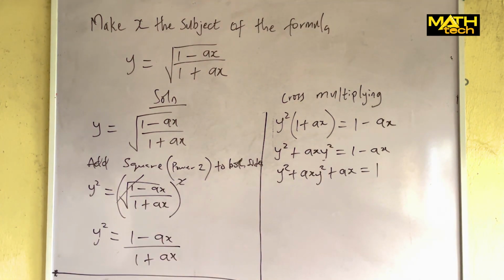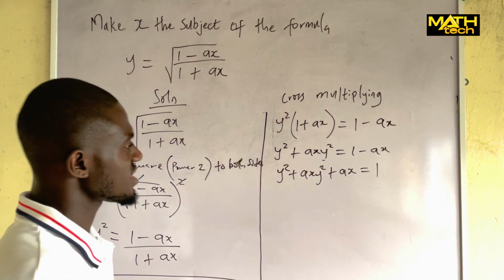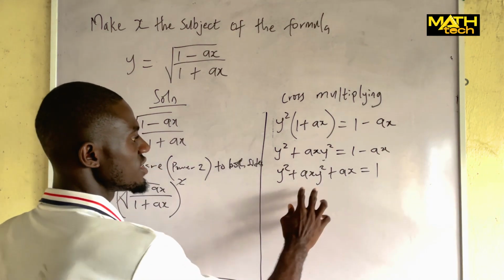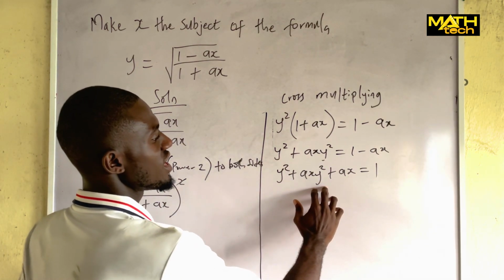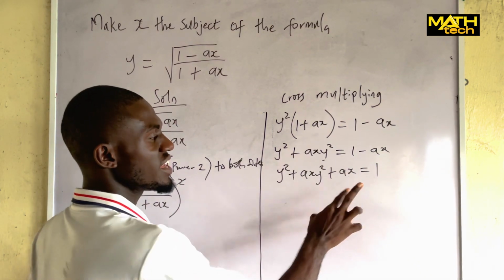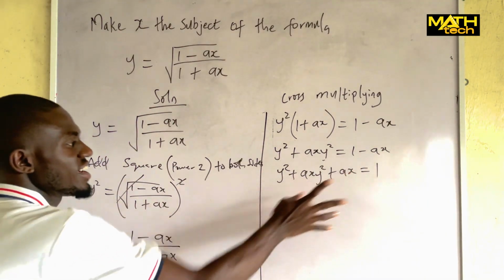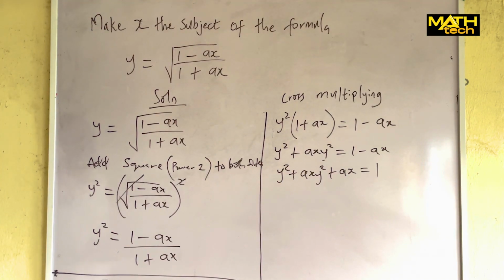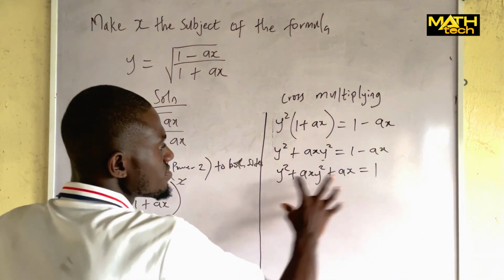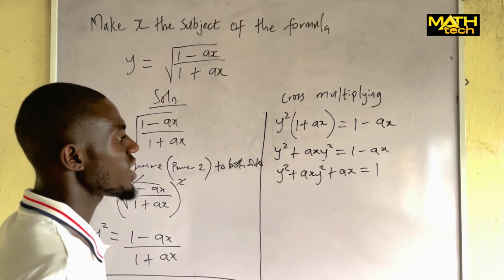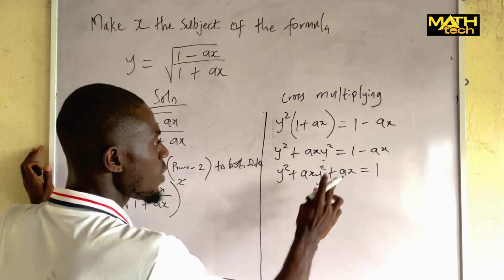So how do you go about this? Now, looking at this, we can see that axy squared and ax have a common term between them, and the common term is just ax. So we take a simple method called factorizing this common factor, and this is how it goes.